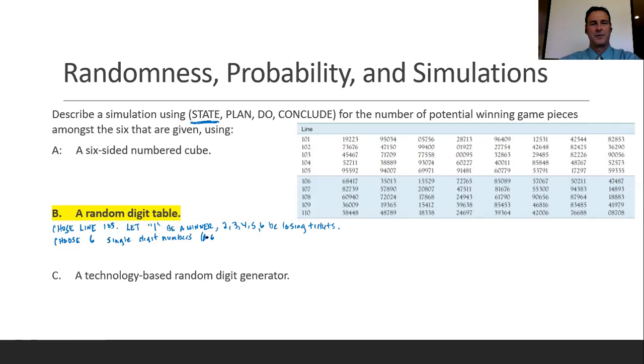I'm sorry, that's tough to read. 1 through 6, where repeats are okay. However, I have other values that may not be included amongst either winners or losers, and those are the numbers 7, 8, 9, and 0. So what I'm going to say is values 7, 8, 9, and 0 are ignored.